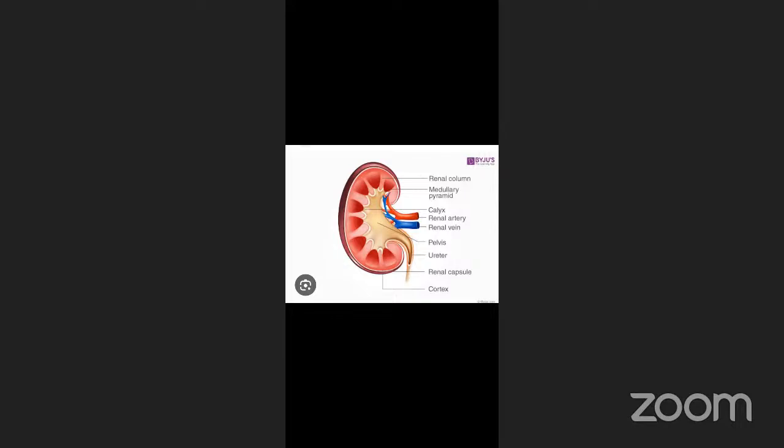So I've already mentioned the kidney is an organ that is used for excretion. And the substances that are excreted by the kidney are majorly the nitrogenous waste, which is urea, excess water, and salts.